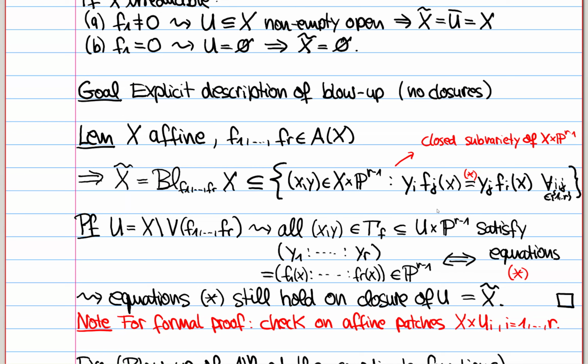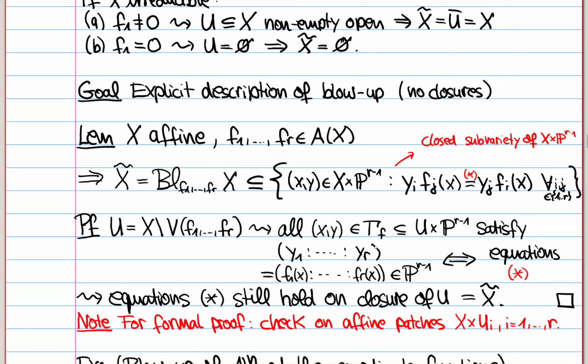And so now let's see how the proof works. So why are these equations here satisfied? Well, if you recall, U is the complement of this vanishing locus of these r functions. And then all inside this graph here, all of the points of this U cross P^(r-1) satisfy that the second coordinate, so the kind of image coordinate, is just given by this vector (f_1(x), up to f_r(x)), and this is an equality in P^(r-1).